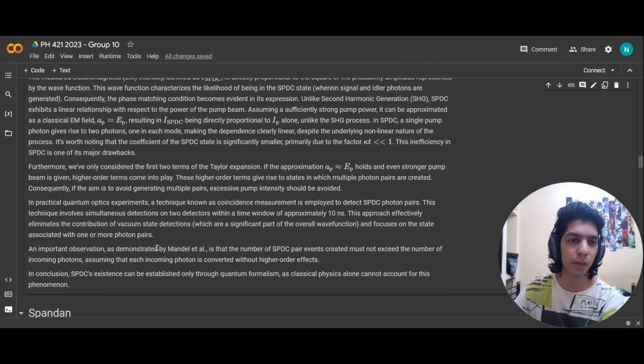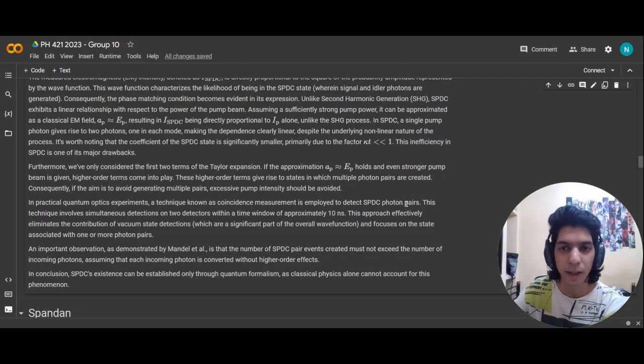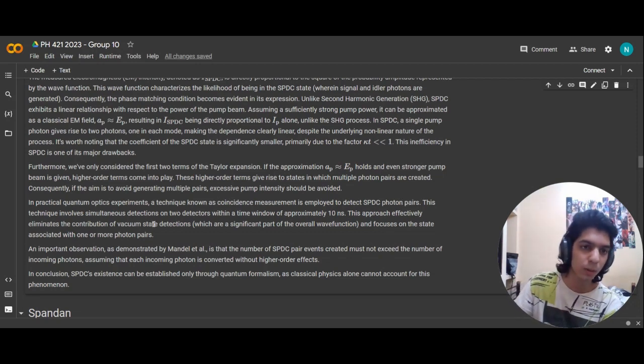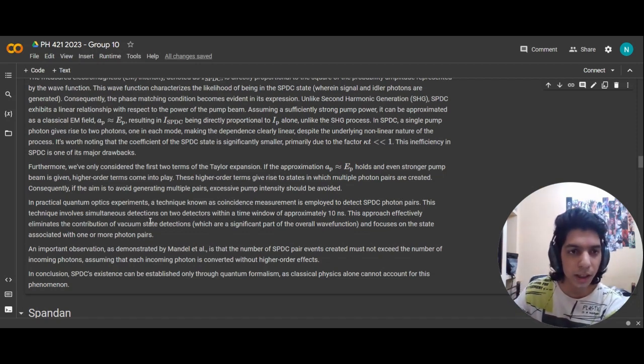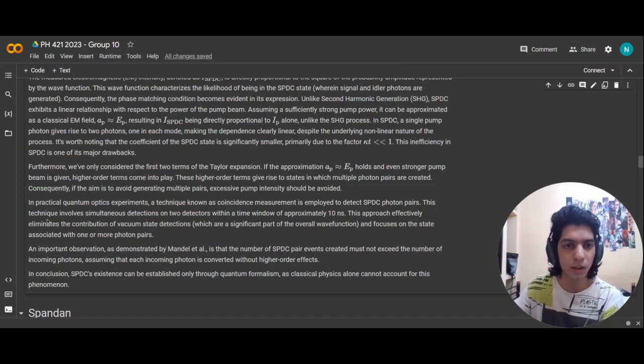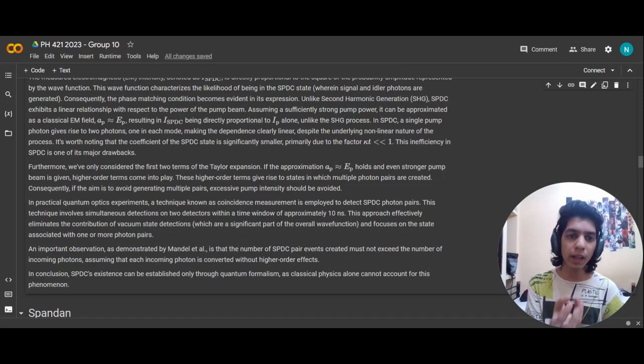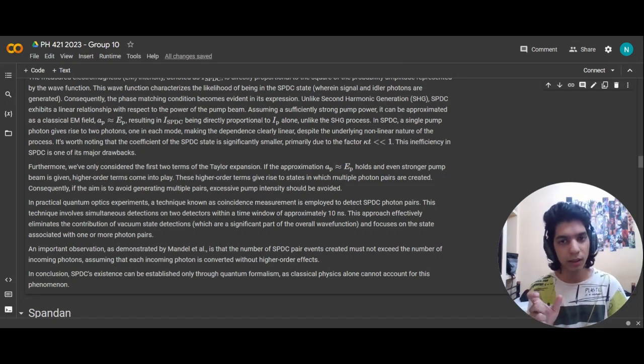Also, in practical quantum optics experiments, there's a technique called coincidence measurement, which is employed to detect SPDC photon pairs. There are two detectors for detections on these two beams, signal and idler, and they detect within 10 nanoseconds.